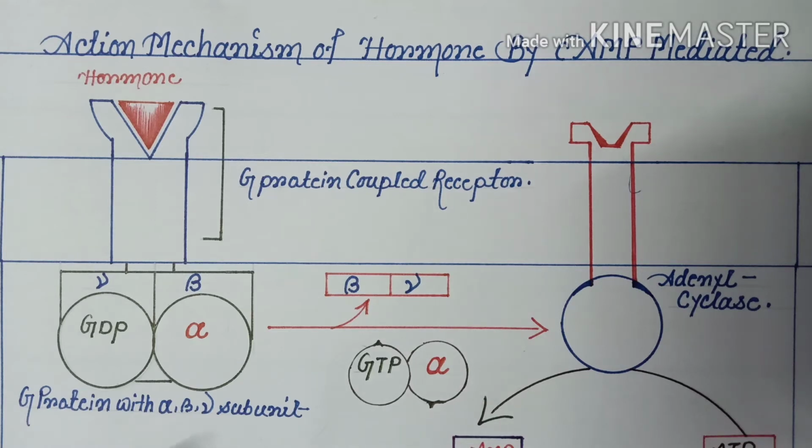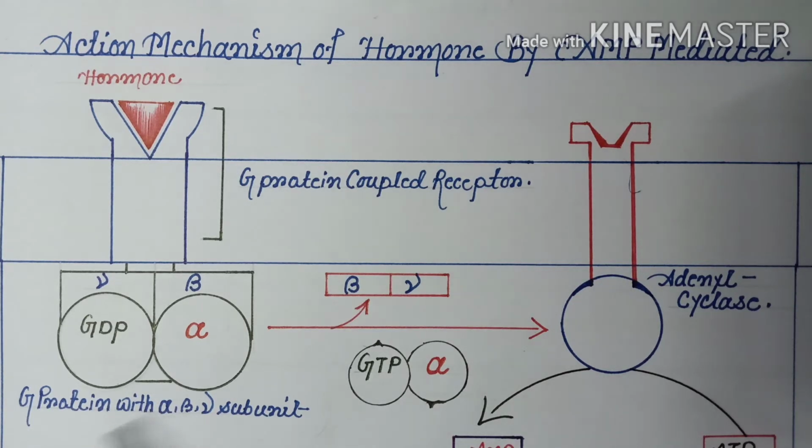As we know, the G protein has 3 subunits, that is alpha, beta and gamma, and a GDP residue. When the GDP remains with those subunits, the G protein is in the inactive state.